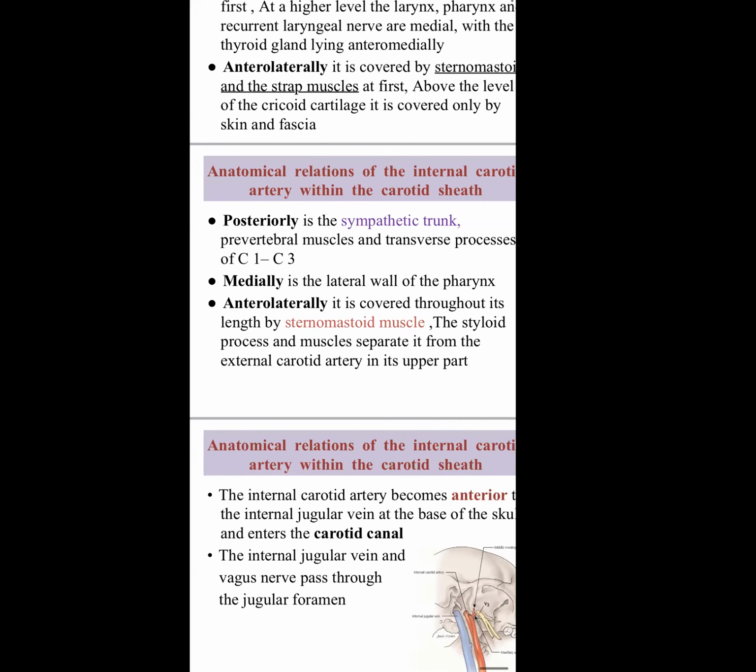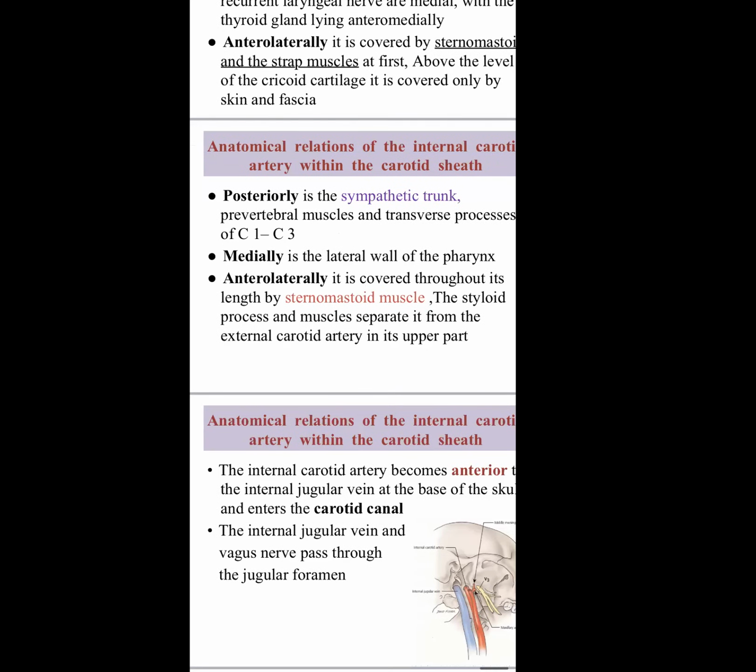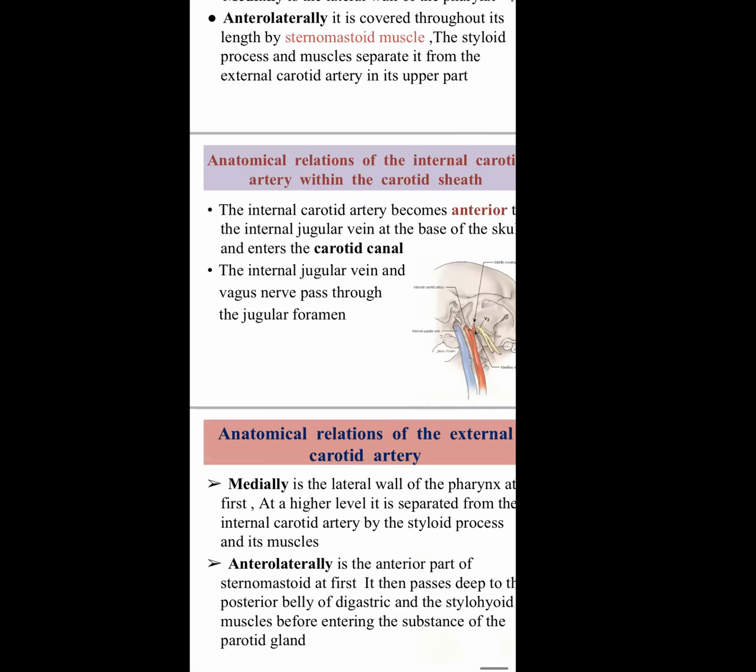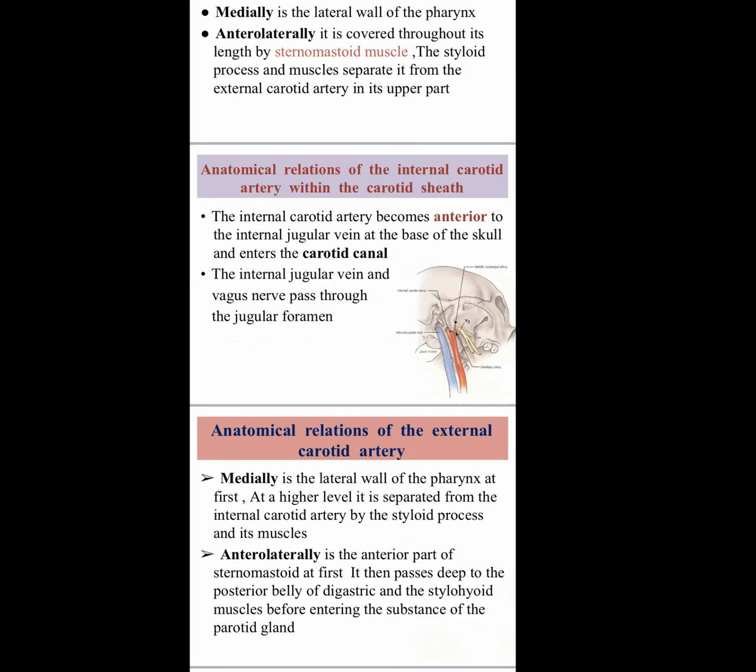The styloid process and its muscles separate the internal carotid artery from the external carotid artery. The internal carotid artery becomes anterior to the internal jugular vein at the base of the skull and enters through the carotid canal, while the internal jugular vein and vagus nerve pass through the jugular foramen.